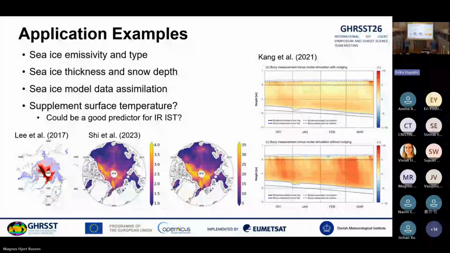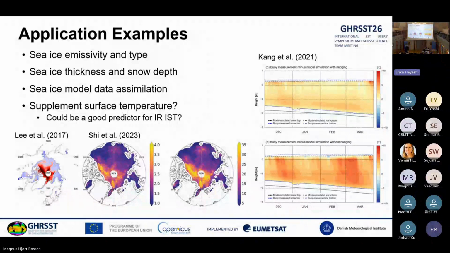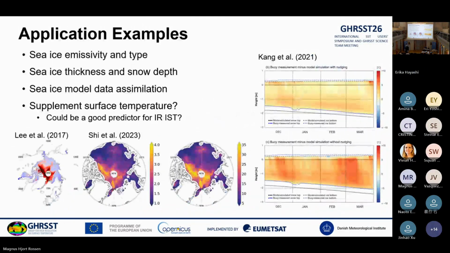And here are some application examples. I got some questions about why we care about ice surface temperature, and I think these slides can provide some answers. First of all, sea ice surface temperature can be used to estimate sea ice emissivity for several frequencies. If we can get emissivity, it can be used to differentiate different sea ice types, as you can see on the left, in Lee et al. 2017.